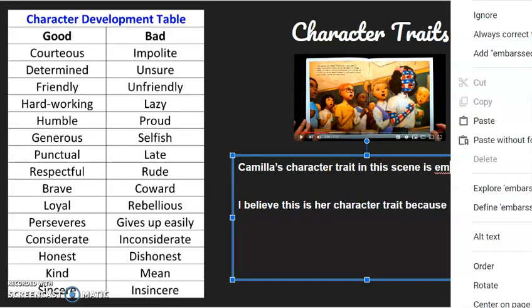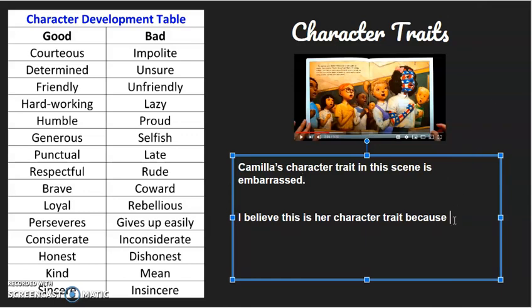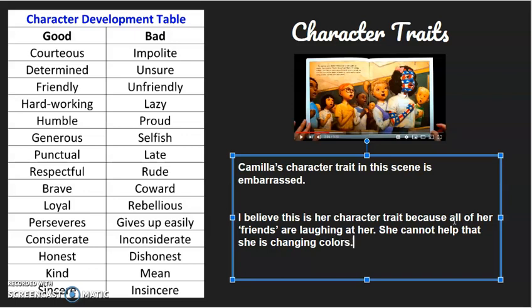I spelled embarrassed wrong. Sorry, guys. I believe this is her character trait because all of her, I'm going to put in quotes, friends are laughing at her. She cannot help that she is changing colors. Okay? So that's how we do that.